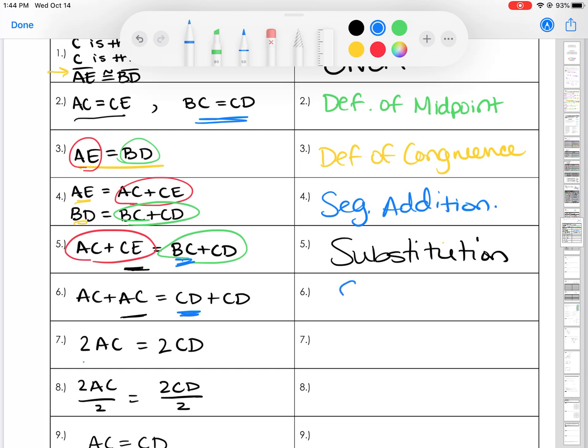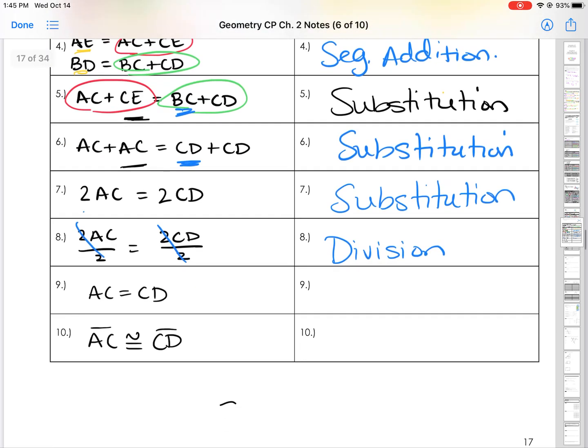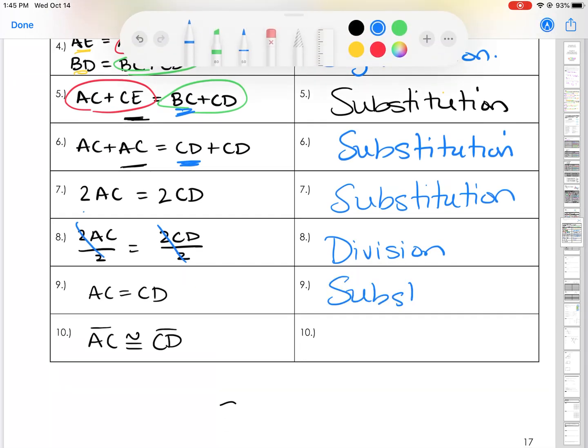Okay, so now I have 2 and 2, right? There's 2 of them, so when I add together, I get 2. So when I replace that, that's substitution, even though I'm adding together, I'm still substituting. I haven't added anything to both sides. I'm just combining. Now I'm going to divide by 2 to make it disappear, so that's division. I've cleaned up, so that is substitution. And I've turned equals into congruent, so that is definition of congruent.